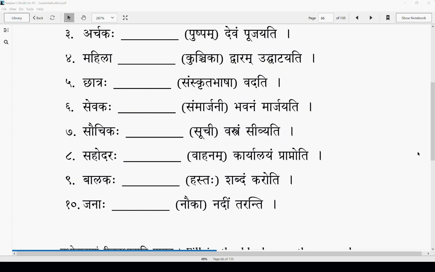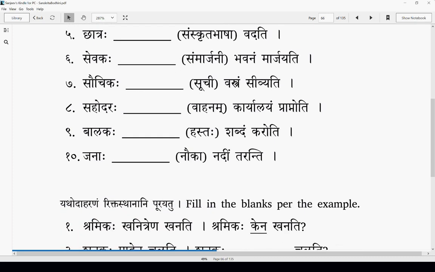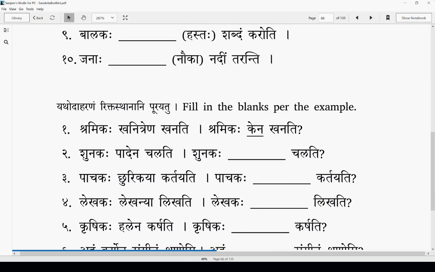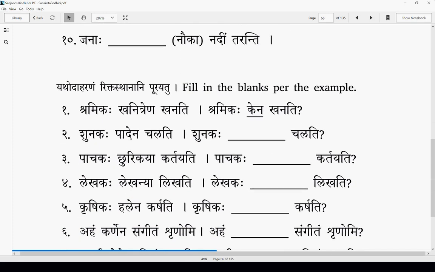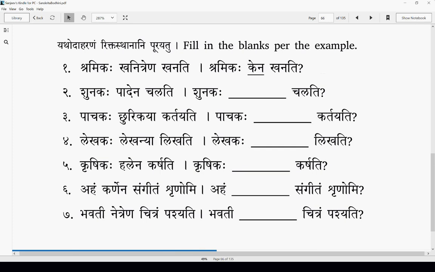Is taranti not swim, or is it only because we use it for that? Swim is basically floating or crossing. So taranti is crossing. Janaha samsara sagaram taranti.